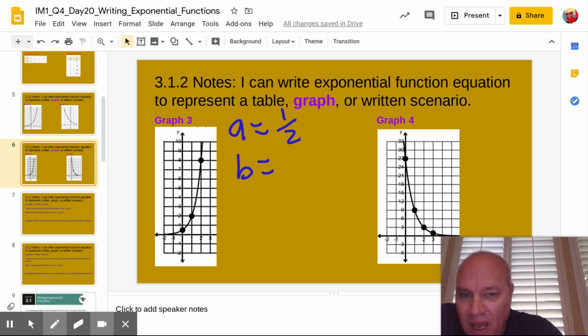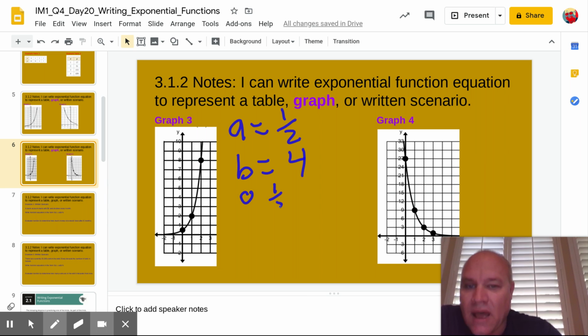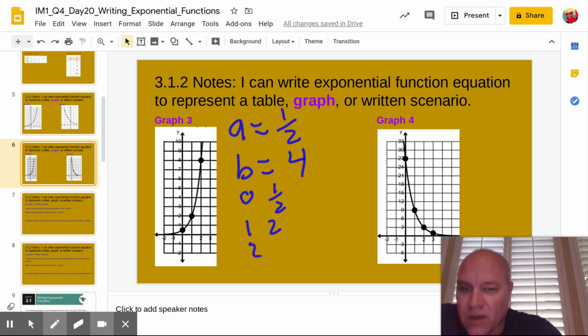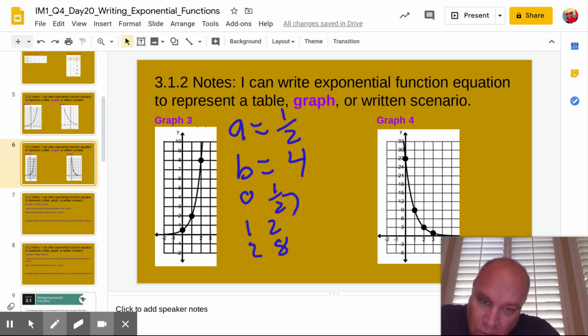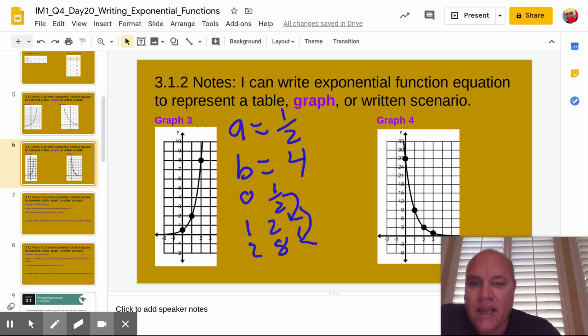So our b value is 4. Again, if it helps you, you could rewrite it as a table of values: 0, 1/2, 1, 2, 2, 8, and as you work this way, we're multiplying by 4. If we went the other way, reverse engineering it, 8 divided by 2 is 4, 2 divided by 1/2 is 4, and so on.